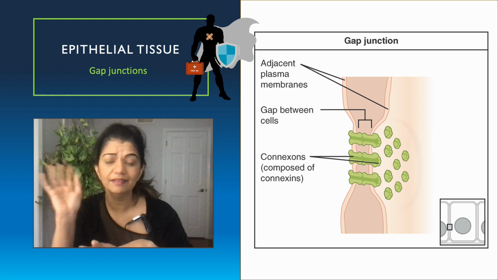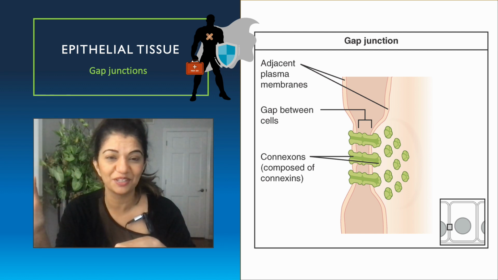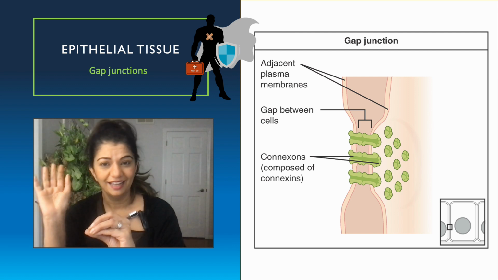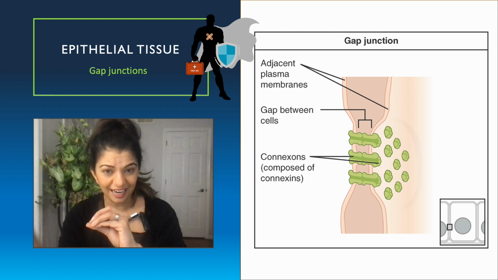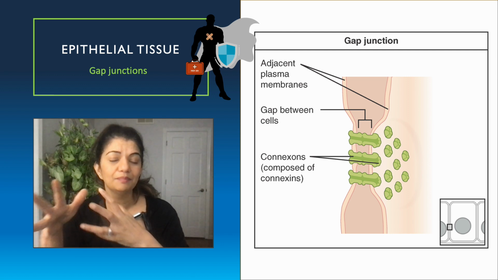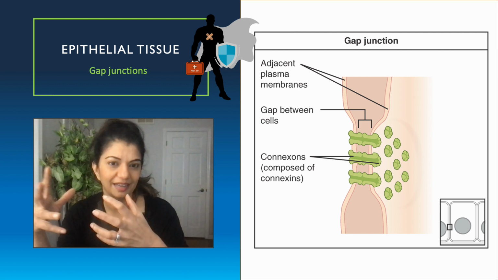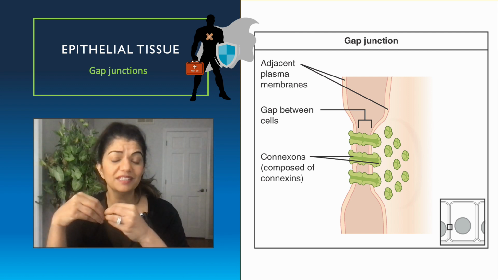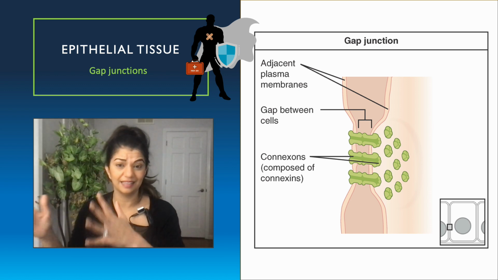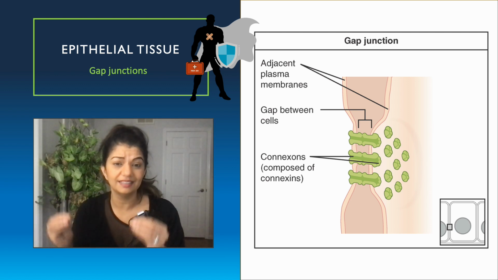Okay, lastly, forgot about this, the gap junction. So in contrast to the tightness of the anchoring junctions and the tight junction, the gap junction is a little bit more loose, I would say, because it forms an intercellular passageway between the membranes of adjacent cells, and it does it to facilitate movement.